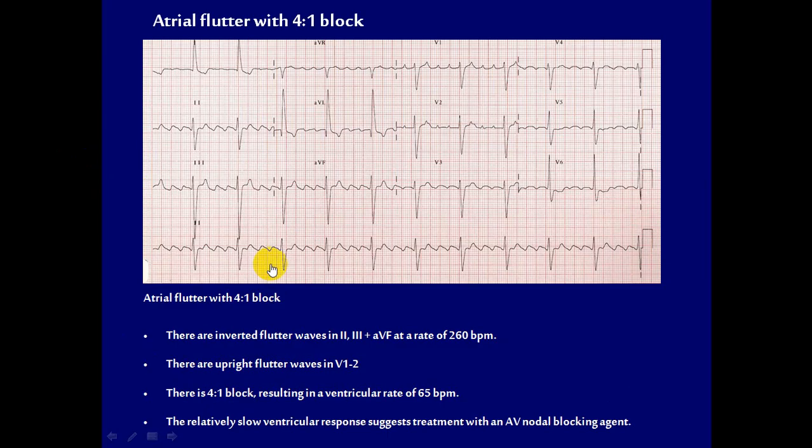And this is a 4 to 1 block: 1, 2, 3, 4. In lead 1 it looks like a P wave; don't forget in lead 2, lead 3, aVF, it has a sawtooth appearance, coarse and similar, with the QRS complex. This is 4 to 1 atrial flutter.